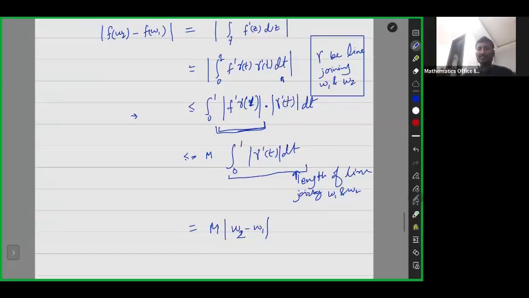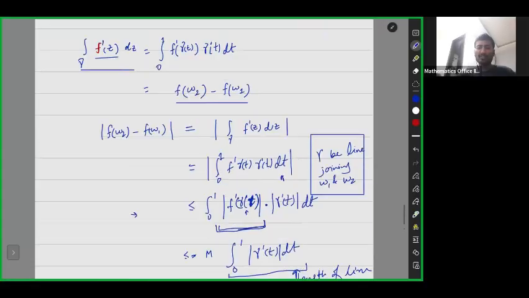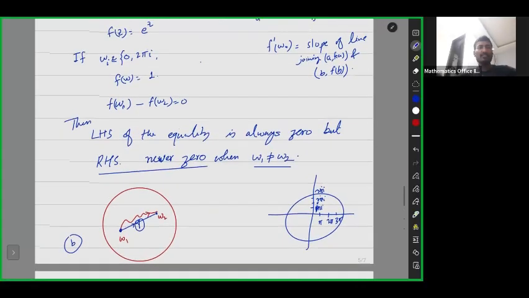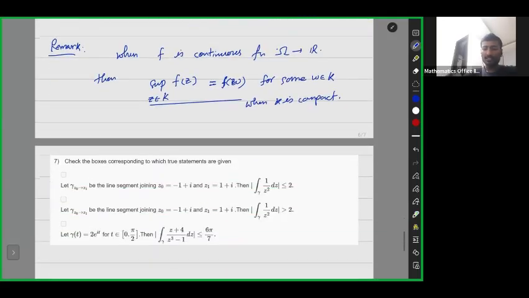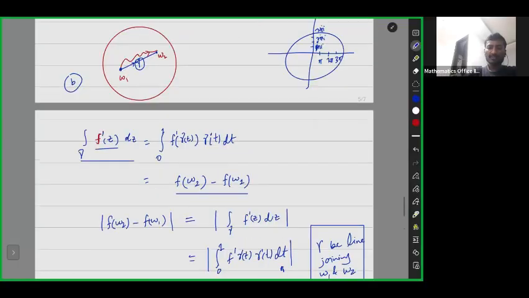And further, gamma t belongs to the disk, so f prime of gamma t is bounded. Okay, no problem. Assuming that we did this somehow, we still have more time, so we'll solve more questions.